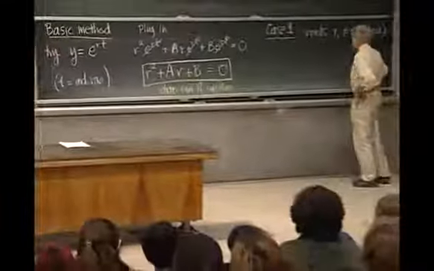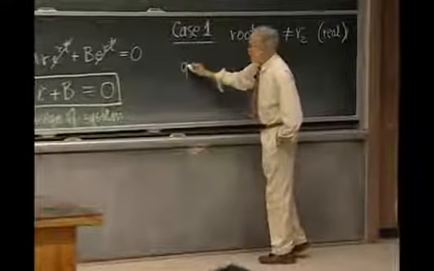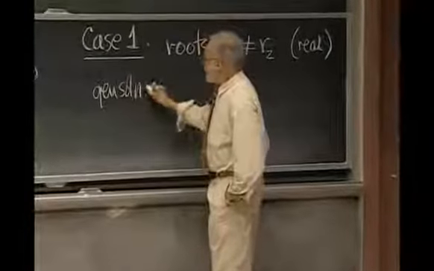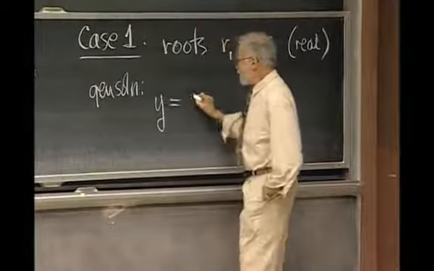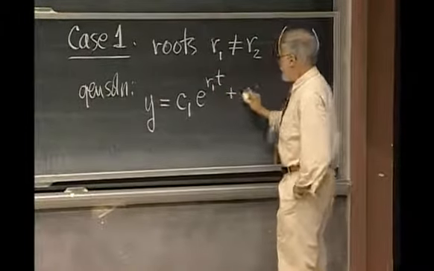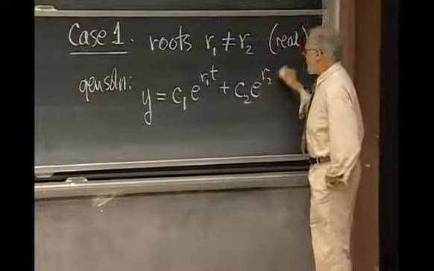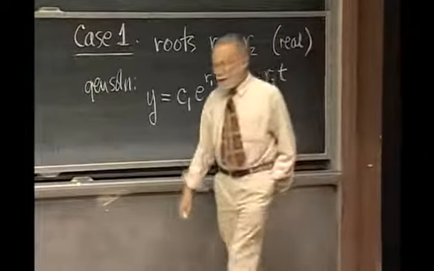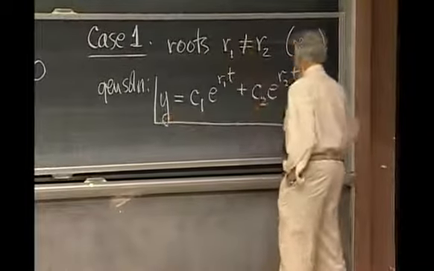So the general solution to the equation, I write down without further ado as y equals c1 e to the r1t plus c2 e to the r2t. There's our solution.